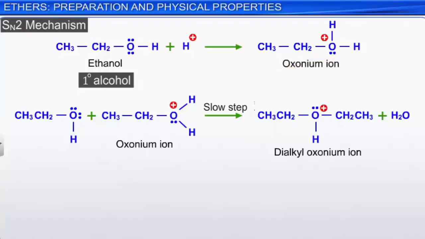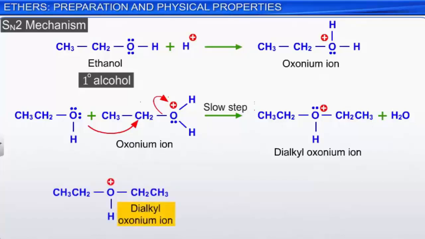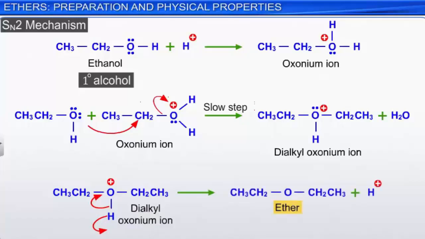In the second step, another alcohol molecule attacks the oxonium ion to form a dialkyl oxonium ion. This is the slow step of the mechanism. In the third step, the dialkyl oxonium ion loses a proton to form the ether. Notice that the hydrogen ion consumed in the first step is regenerated in this step.